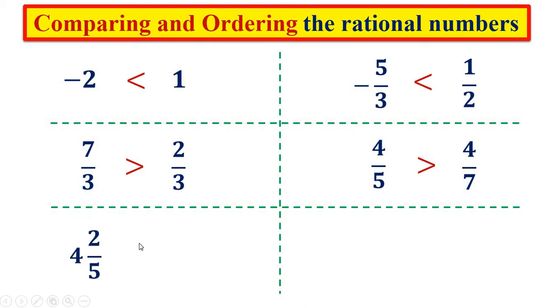Here we have 4 and 2 over 5 and 4 and 6 over 5. The whole number is the same, so the bigger fraction is the biggest. 3 and 6 over 7 and 2 and 8 over 9, which is bigger? In whole numbers we have 3, so 3 is bigger.